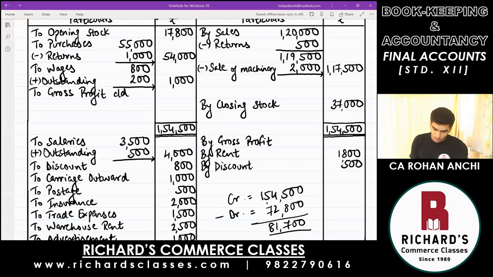So write down 81,700. Bring down that gross profit in profit and loss account. By gross profit brought down, 81,700.